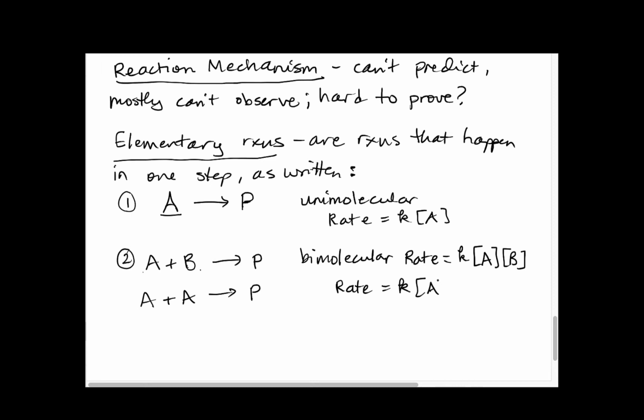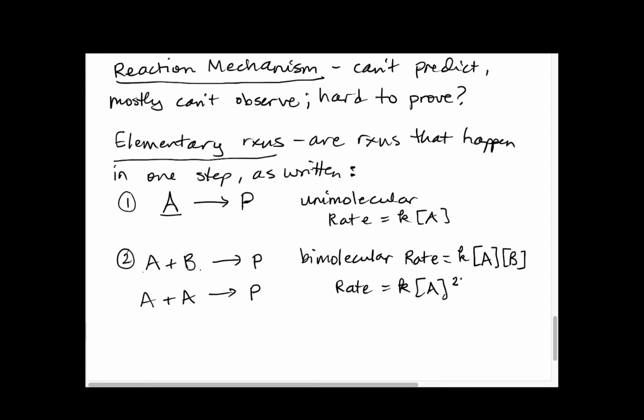So, for example, in this first reaction, we have one-to-one stoichiometric ratios here for A and B. And so the concentration of A and the concentration of B are both represented in this reaction. Here, we just have two A particles colliding together to turn our material into some product.